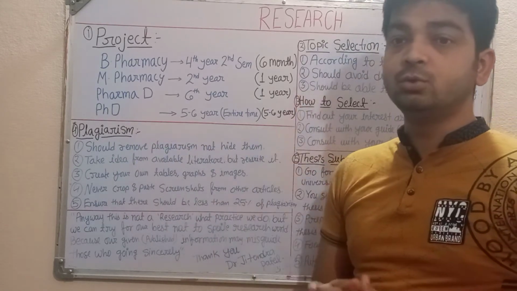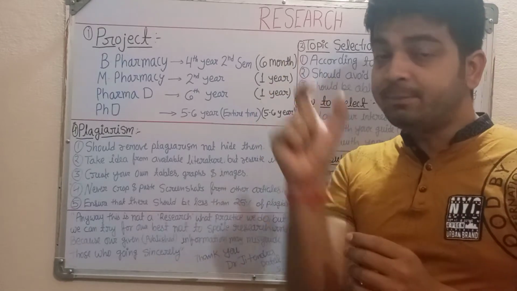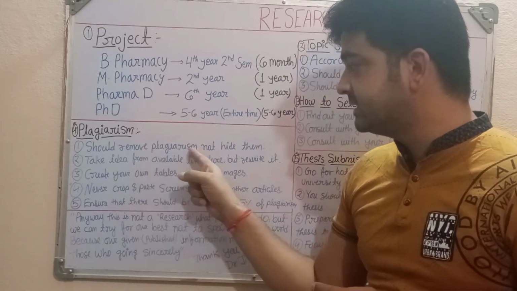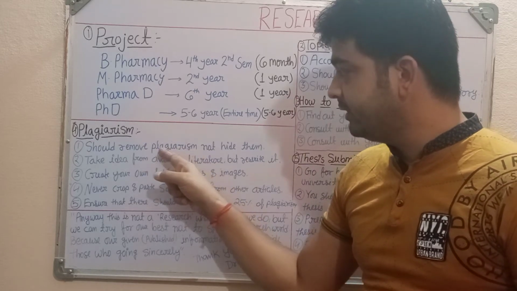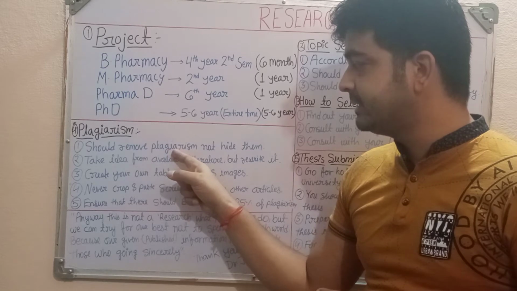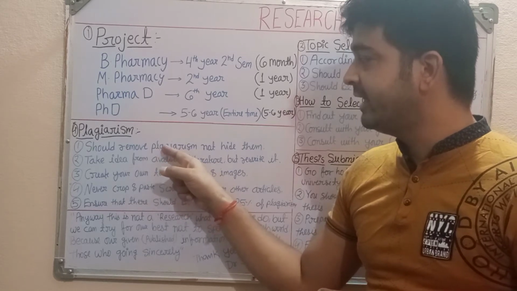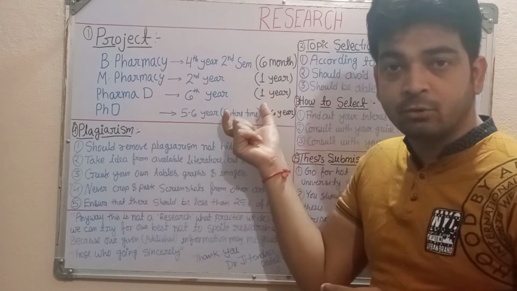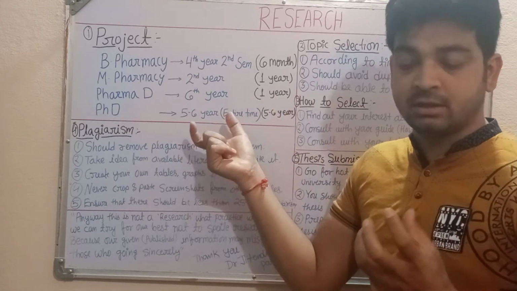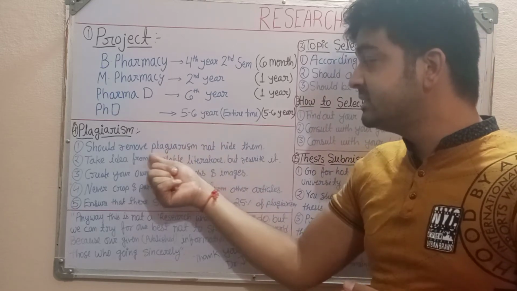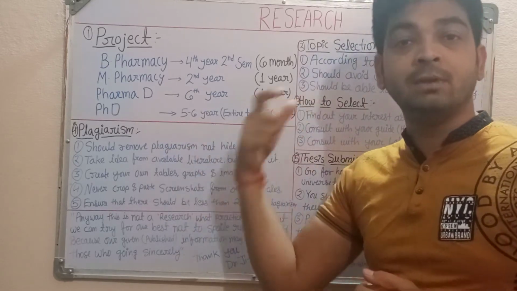What people do is they try to replace some letters. Suppose for example the word plagiarism is there, right? In this, PLA is there, then GIA, so two A's are coming. So this A they try to replace from Microsoft Office Word with one A symbol, so that the plagiarism software will not be able to find out that this is the plagiarism word and it will not be able to detect it.